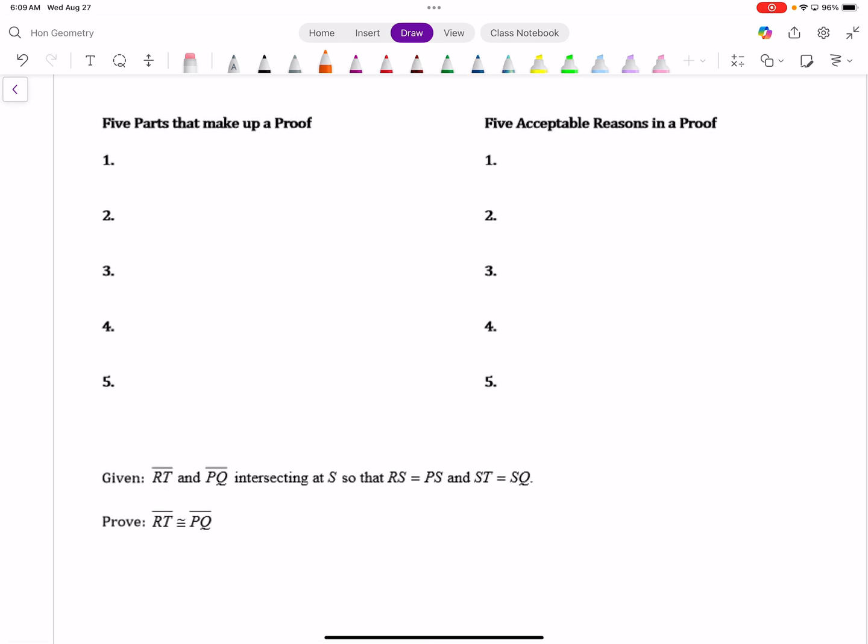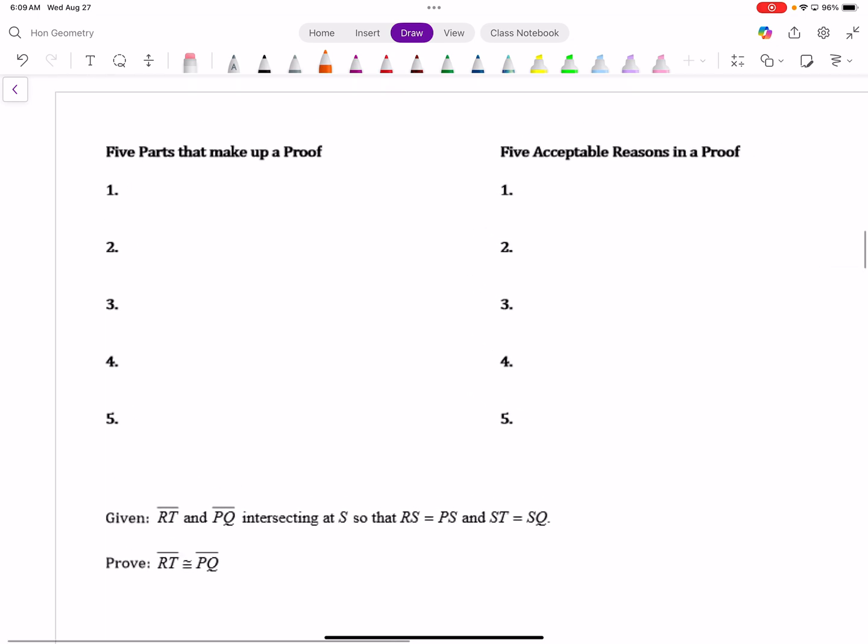Okay, so there's 5 parts that make up a proof. There's going to be your given, which is the hypothesis. It's the if. Okay? You're going to have a prove or show that. It might say show that.